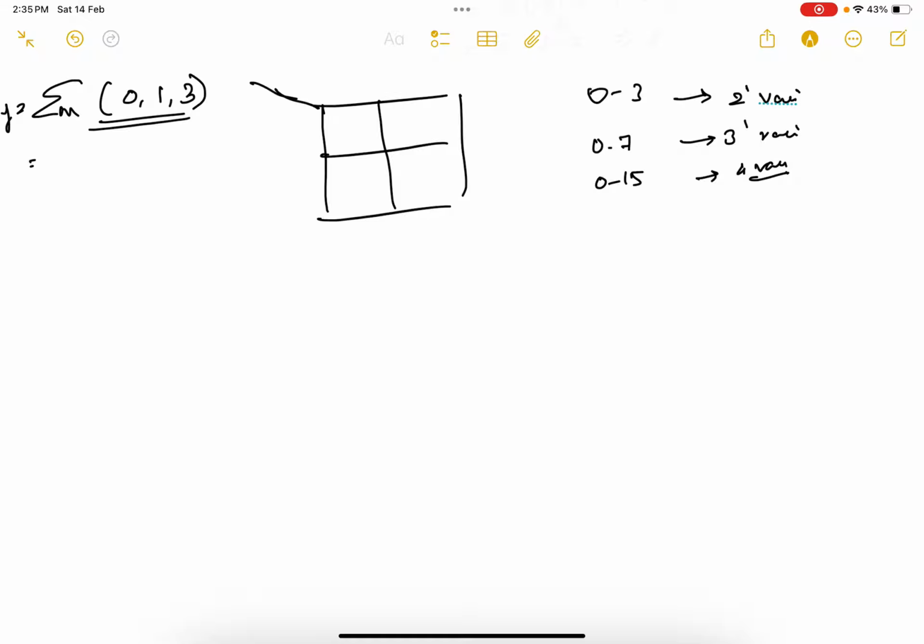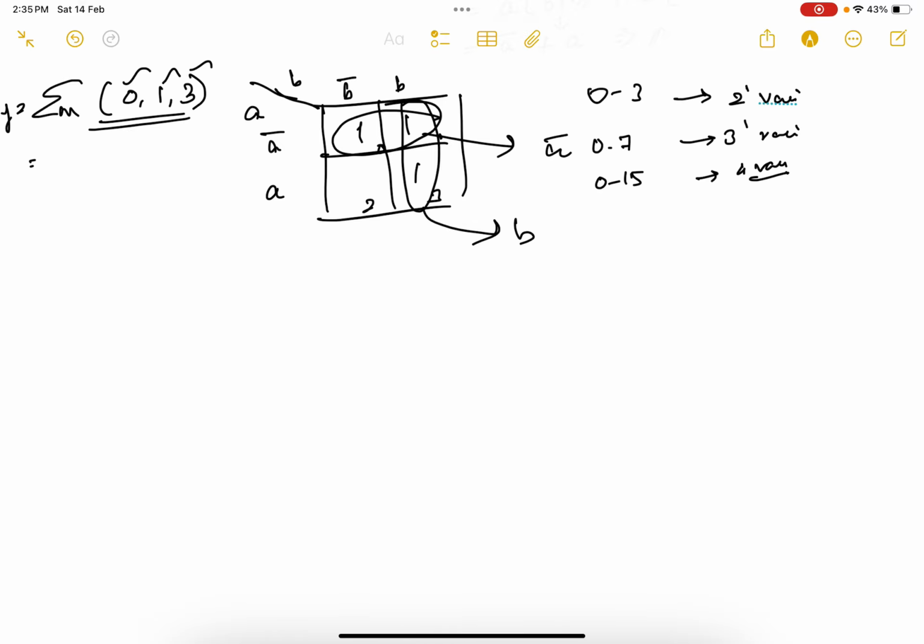Got it? So now we are going with a two variable function. So as usual, I will write here AB, A dash A. This is here B dash B, and write the cell numbers. This is the cell number, and the terms given are 0, 1, 3. So 0, 1, 3, I want to load it. Now already we know that this is one pair and this is one pair. So for this pair the answer will be B, and for this pair the answer will be A dash.